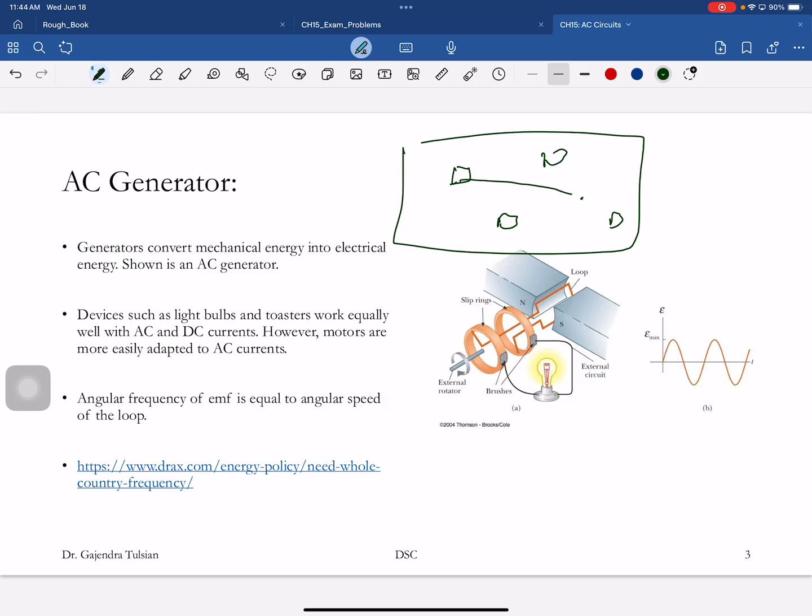And for transmission, AC is better. Motors are also more easily adapted to AC currents. And who does most of the work in the world? Electric motors. 90% of the work is done by electric motors.